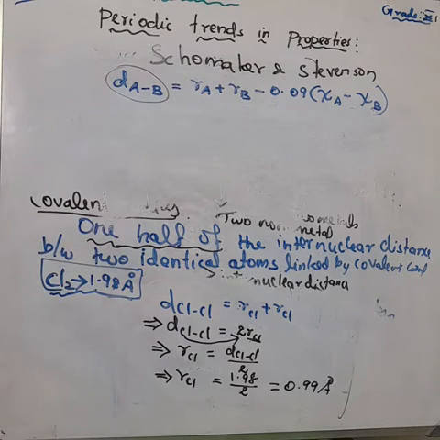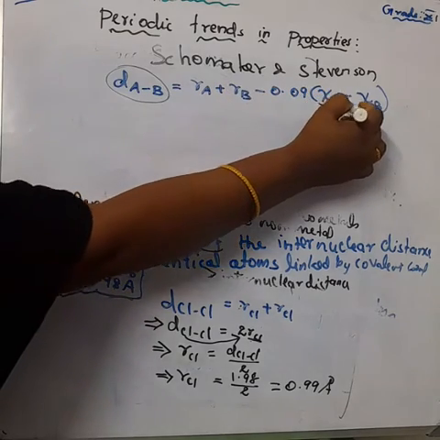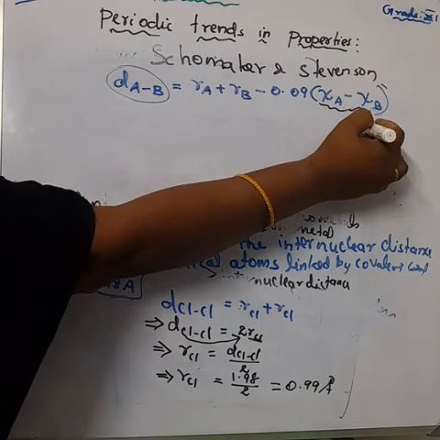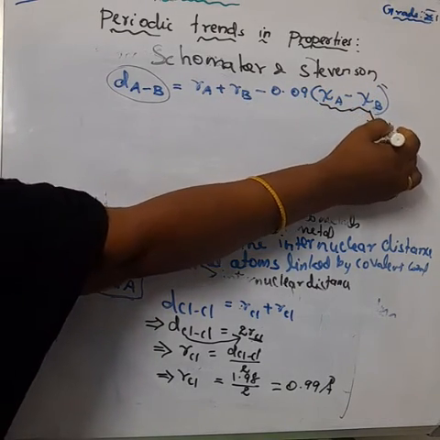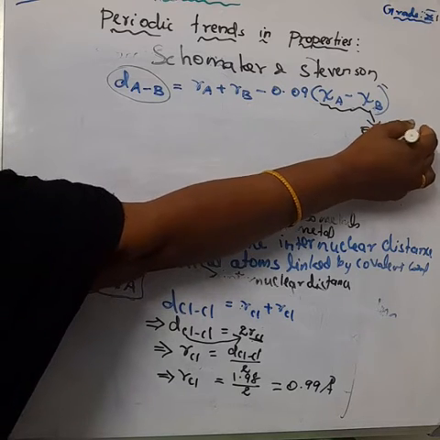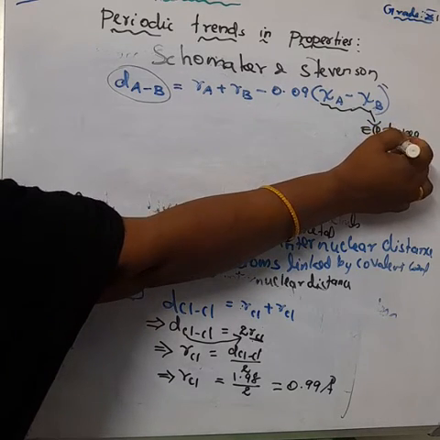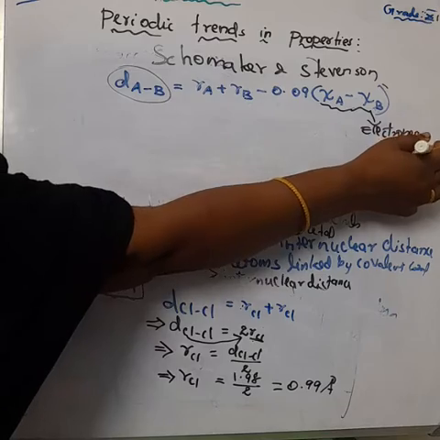And χ_A and χ_B are the electronegativities of A and B, the two different atoms.